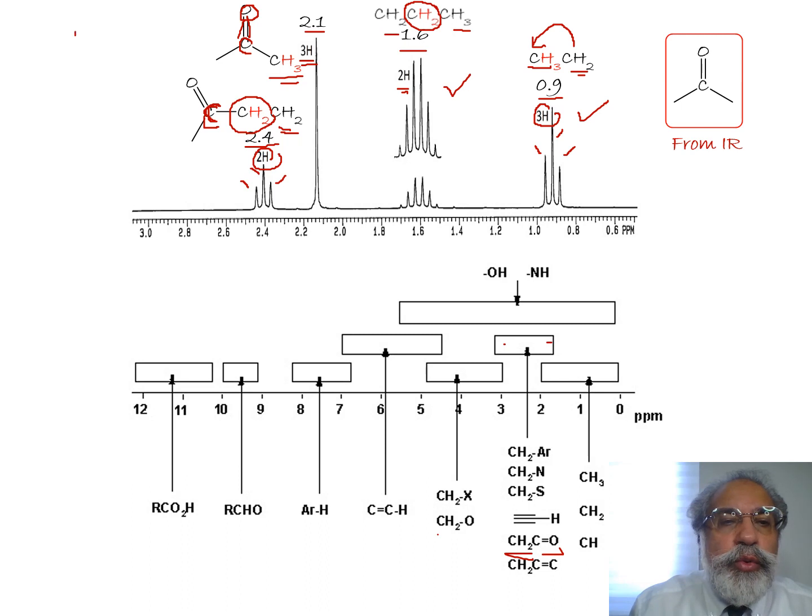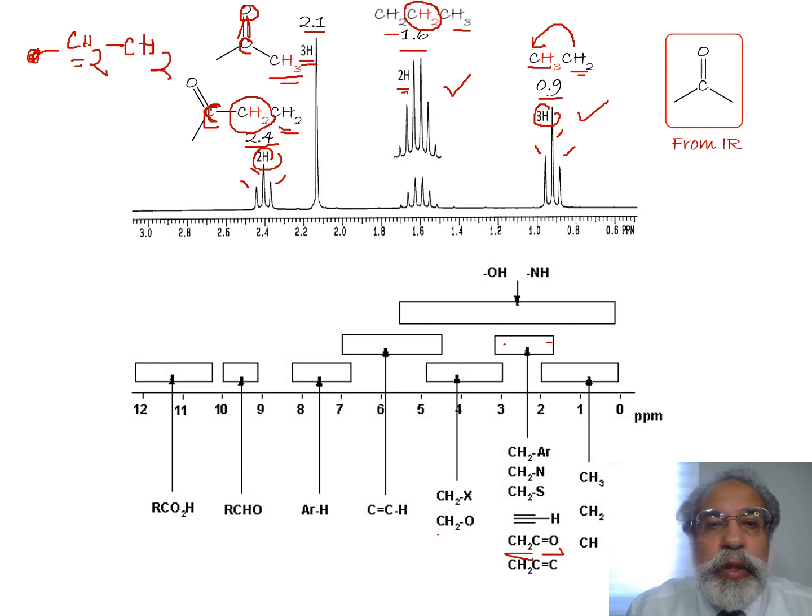Remember that this CH2 will need 2 bonds, carbon is tetravalent, and we have only 2 hydrogens, then we need 2 bonds. One will be spin inactive, and the other one will be the CH2 group, which is what causes it to appear as a triplet. Remember that from IR we have C double bond O.